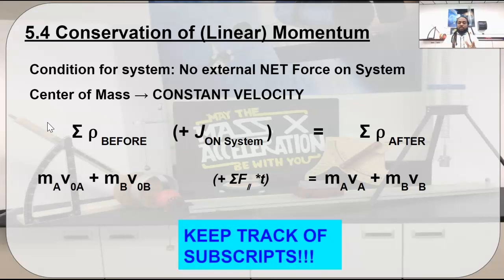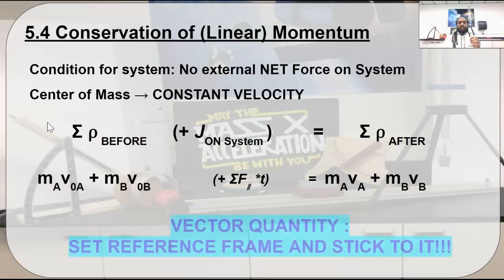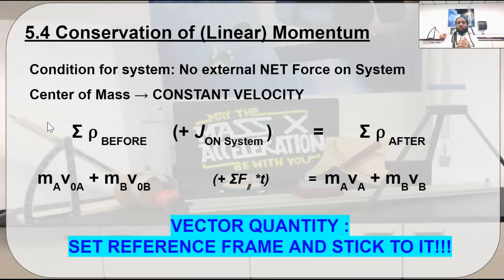However, let's keep track of our subscripts. This is where most students get lost. Notice I have V0 on the left and only V on the right. You might want to use V1 and V2, but keep track of your subscripts, especially with your velocities, so you don't get confused. And then finally, momentum is a vector quantity, so set a reference frame early on and stick to it.